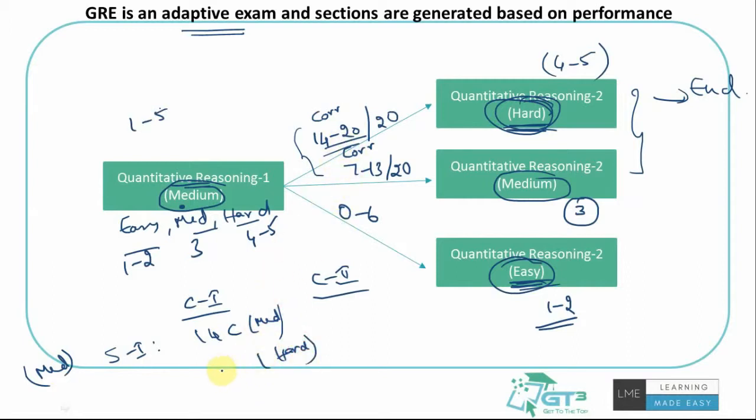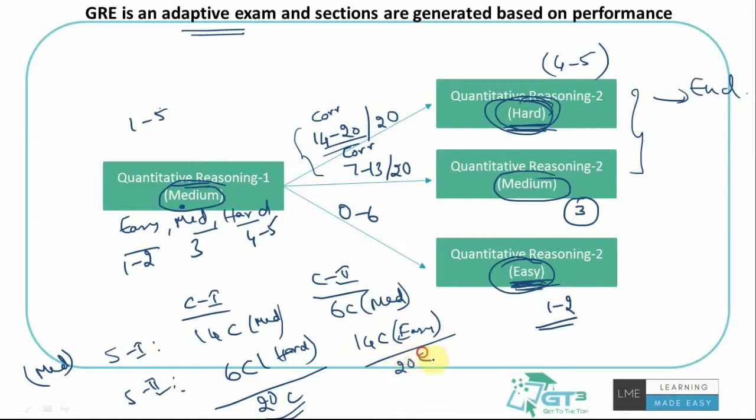Let's assume he got only 6 correct in the second section. How many did he get on the whole? 20 correct. Let's assume there's another candidate who got only 6 correct in the first section, which is the medium section, which basically made him get an easy section in the second section. And let's assume he got all 14 correct out of 20. His net score is 20.